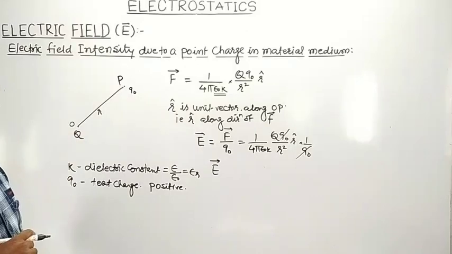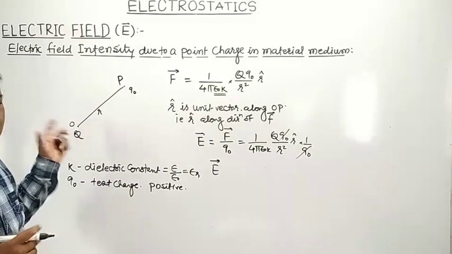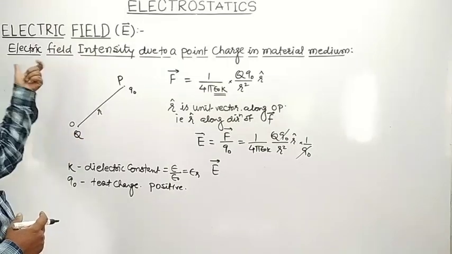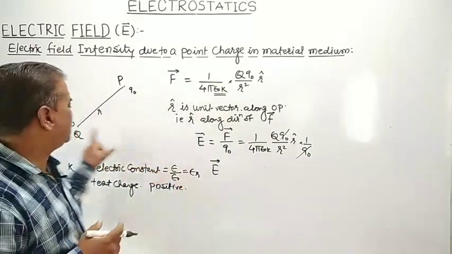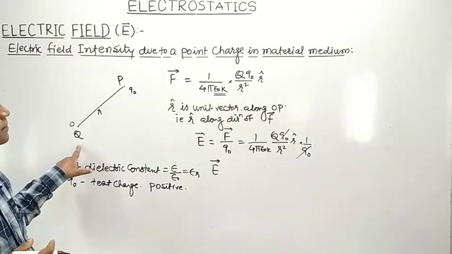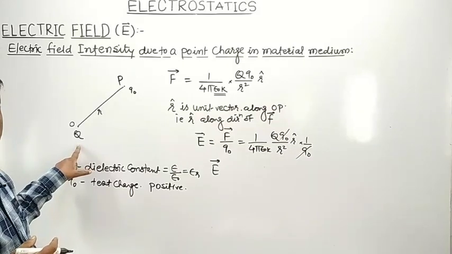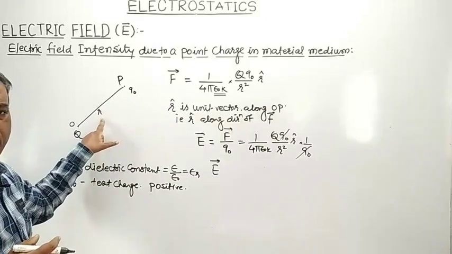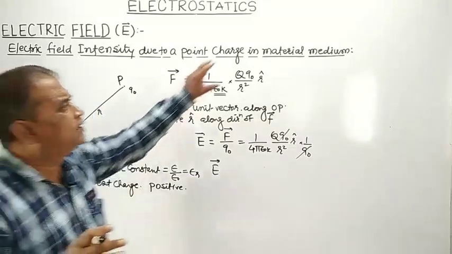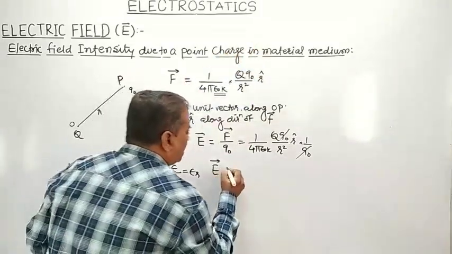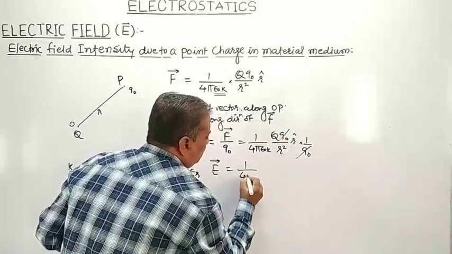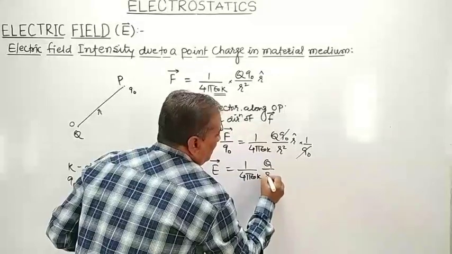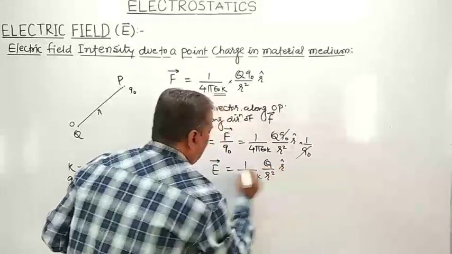And the electric intensity due to a point charge q, so electric field due to point charge q at any point P at a distance r from it, kept in a material medium, is E equal to 1 upon 4 pi epsilon 0 K q divided by r square into r cap.